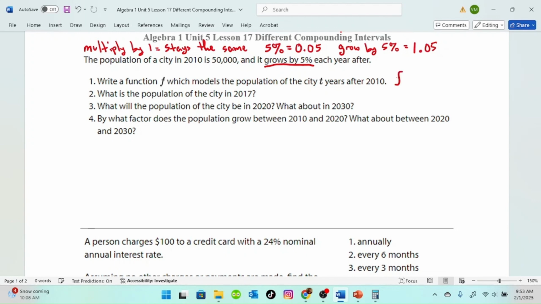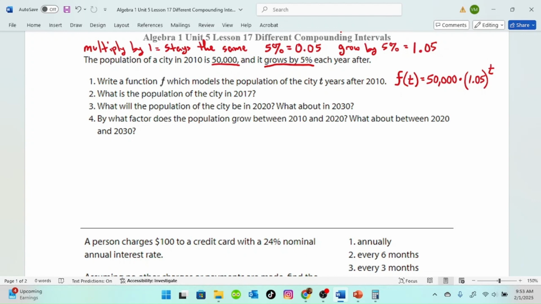So we would say f of t equals the initial amount, 50,000, times the growth factor, which is going to be this 1.05, to the power of the input, which is going to be t, to represent the number of years after 2010.